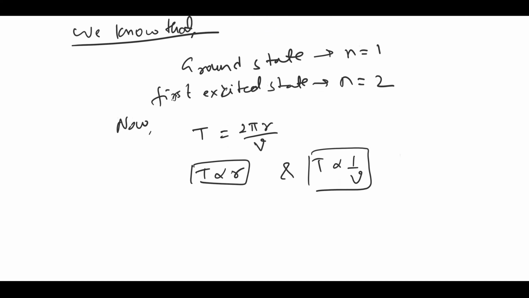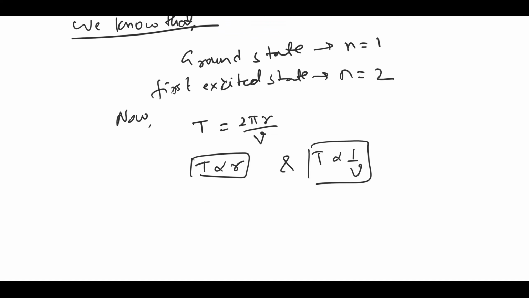If we put in the relationships of r and v, T is proportional to n square for r, and T is proportional to 1 upon 1 by n for v.